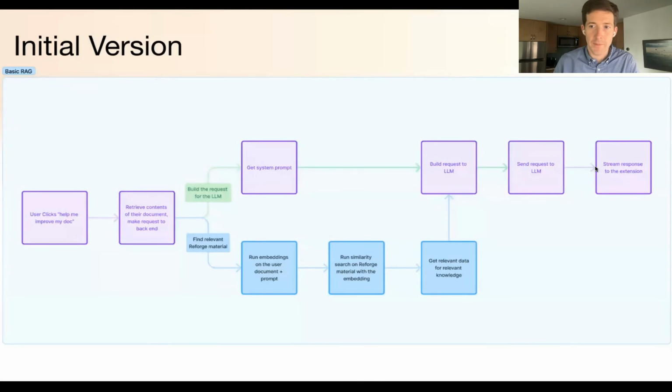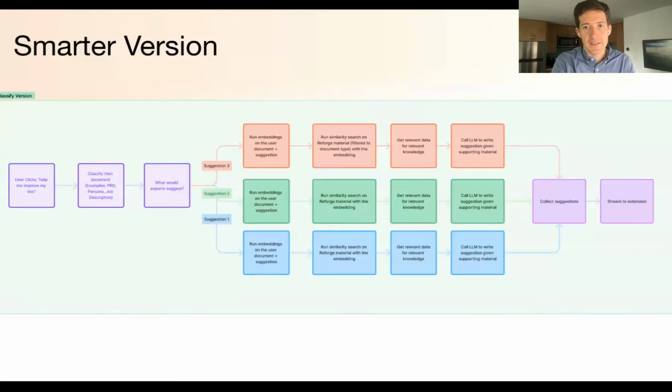And then we're just going to stream the responses to the user's extension. And this was great, but to be honest, it was pretty stupid and didn't produce the outputs reliably that we wanted. And so we released a smarter version a couple months ago, and this is how we adjusted it.